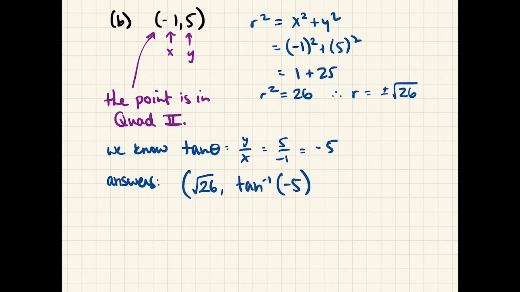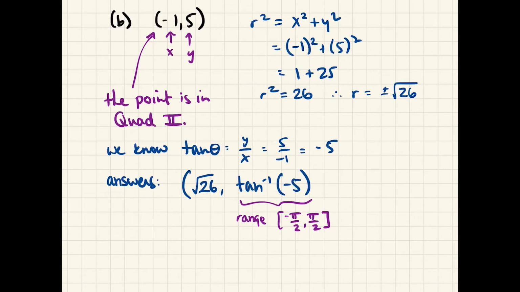Question is, is that in the right quadrant? Inverse tangent of -5 has a range of -pi over 2 to +pi over 2, which means that if you input -5 into inverse tangent, it's actually going to produce a fourth quadrant angle. So this is going to be negative some angle, which will be in the fourth quadrant.